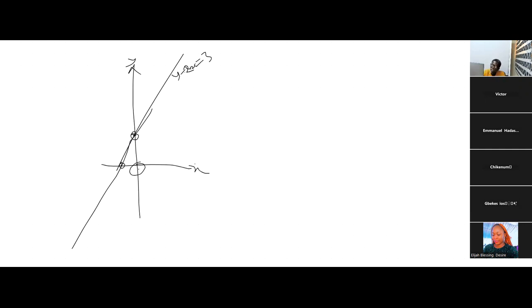Mute your mic. Now, let's go for the second equation. The second equation is y plus x is equal to 1. So when we are going to look for the value of y when x is equal to 0, we say when x is equal to 0.